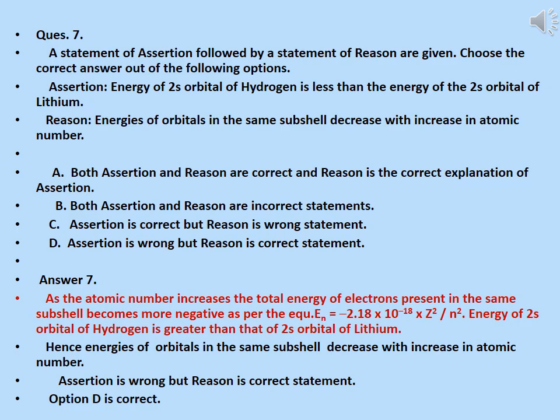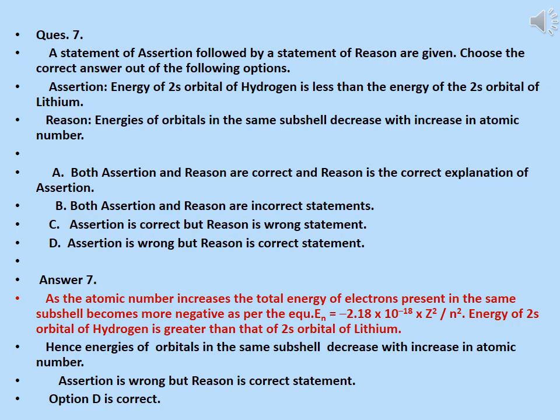You have come across this equation in the last question itself. So therefore, the energy of the 2s orbital of hydrogen would definitely be greater than the energy of the 2s orbital of lithium.